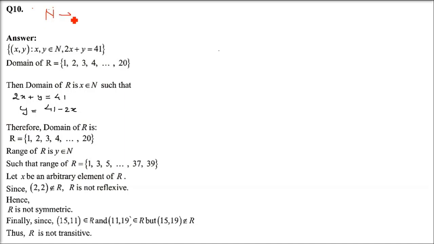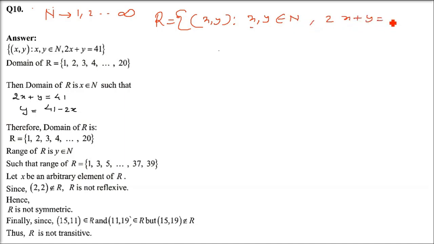Question number 10. Let R be a relation defined on the set of natural numbers N. Now this is very important. Natural numbers are counting numbers. In this question, all depends on being natural. So the relation is given by (x, y), where x and y belong to the natural numbers, and 2x + y = 41 is given.